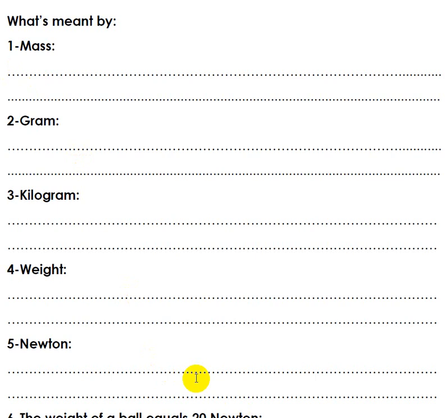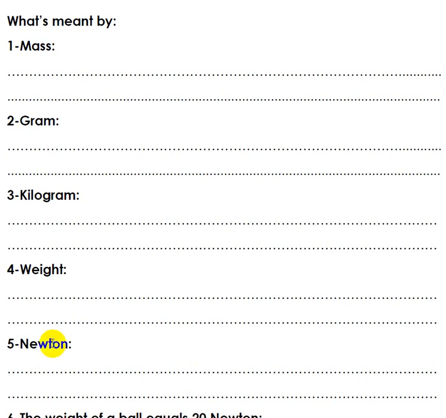Kilogram is also a measuring unit of mass, and it's used to measure big masses like fruits or vegetables. Weight is the gravitational force that attracts any body towards the center of the Earth.